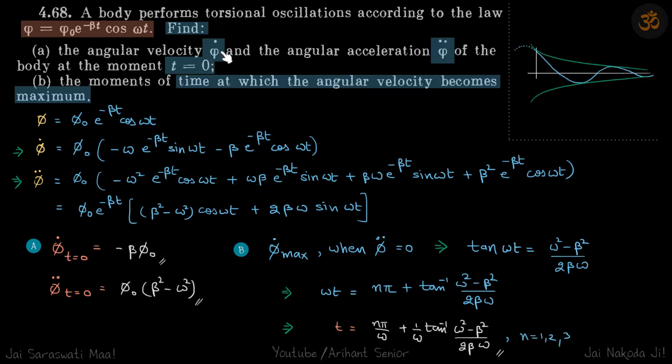Now we need to find phi dot and phi double dot. So let's just differentiate these terms, and in a part we just put the values of t is equal to 0 in both the equations, and we'll get our answer.